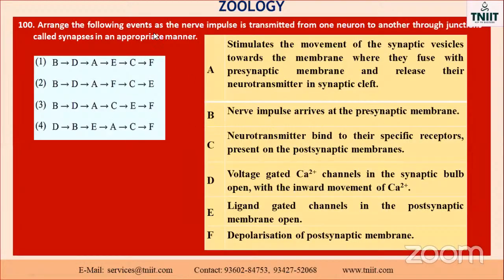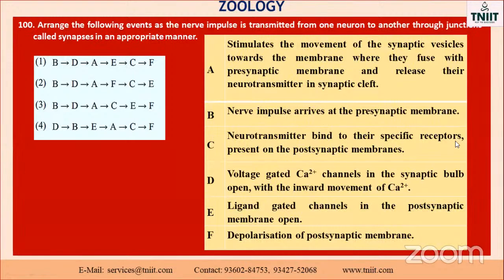The 100th one. Arrange the following events. Nerve impulse transmitted from one neuron to another through the junctions called synapses in appropriate manner. It is a jumbled sentence, my dear students. They stimulate the movement of the synaptic vesicle towards the membrane where they fuse with the presynaptic membrane and release their neurotransmitter in the synaptic cleft. Nerve impulse arrives at the presynaptic membrane.